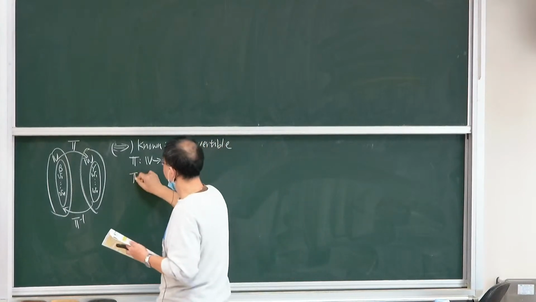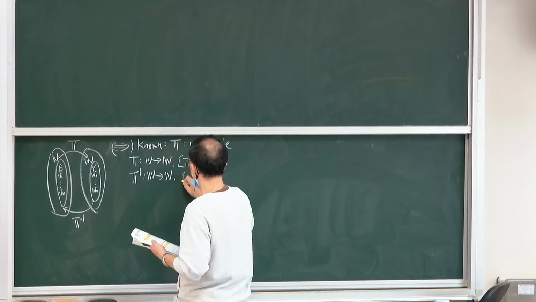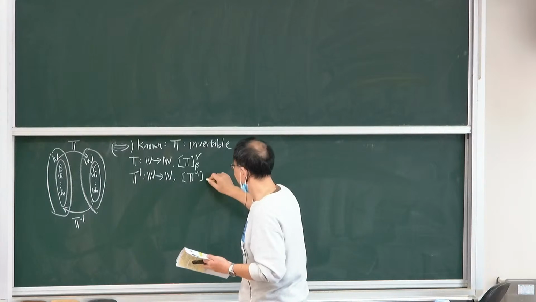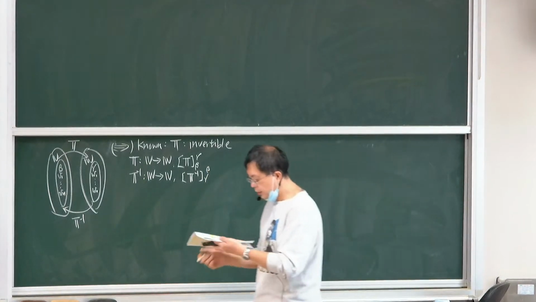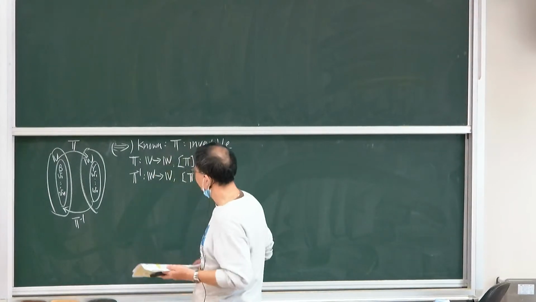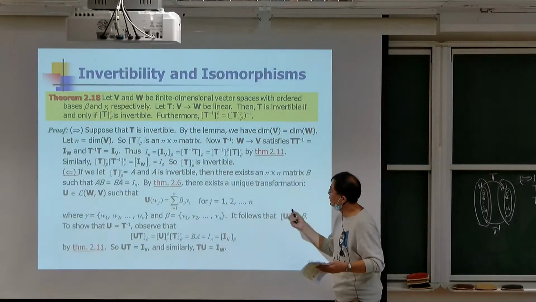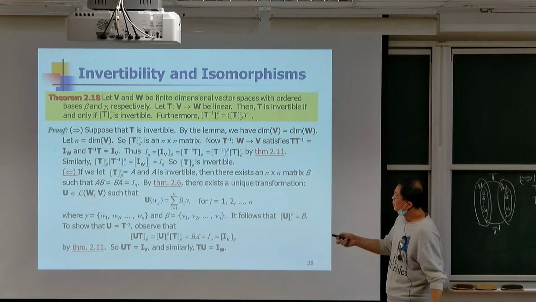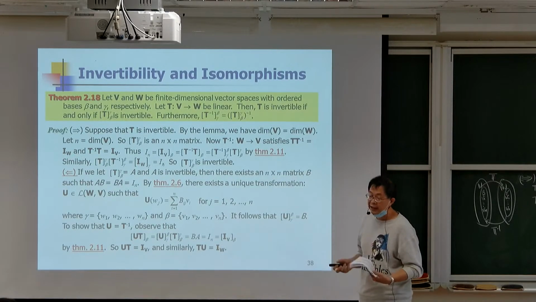The inverse transformation is from W to V, so we can represent its matrix representation as gamma to beta. Because we have already known that T T inverse equals I_W, and T inverse T equals I_V.